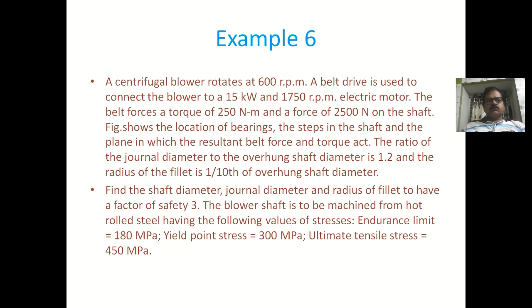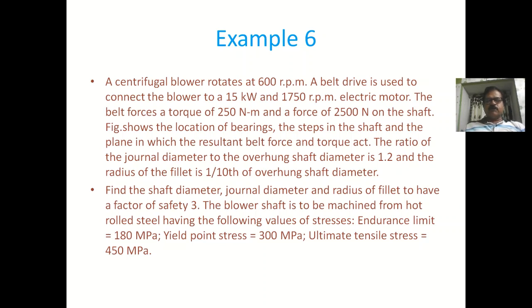The figure shows the location of the bearings, steps in the shaft, and the plane in which the resultant belt force and torque act. The ratio of journal diameter to the overhung shaft diameter is 1.2, and the radius of the fillet is 1/10 of the overhung shaft diameter. Find the shaft diameter, journal diameter, and radius of the fillet to have a factor of safety 3.